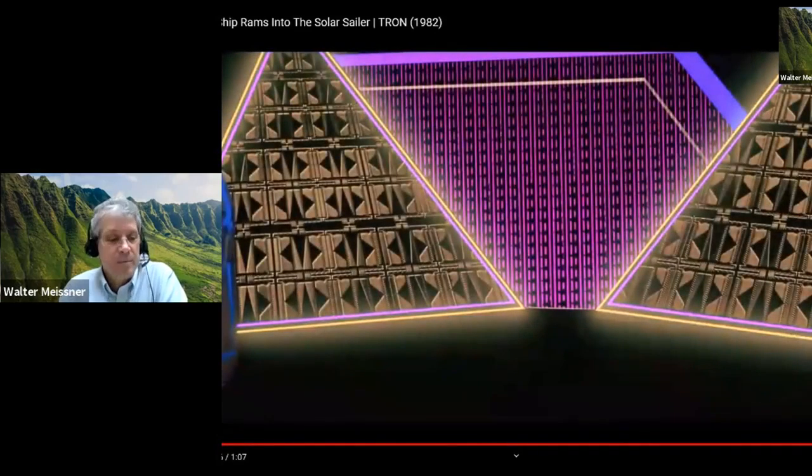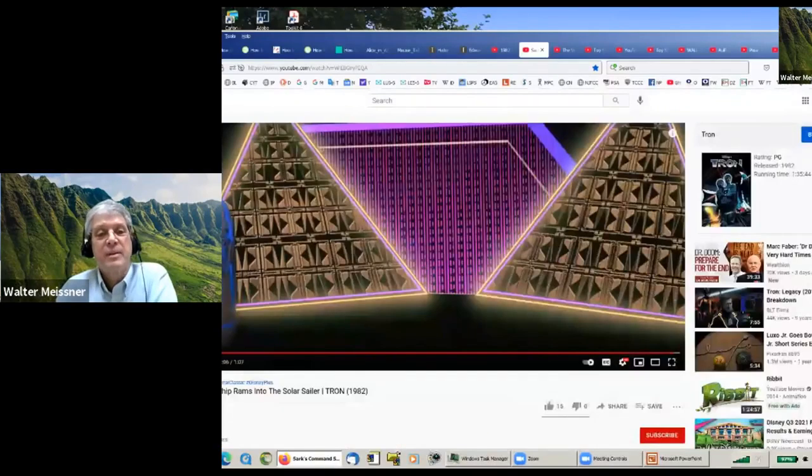So anyway, the whole plot behind that is there was MCP, Master Control Program, which had turned evil or something like that, and they went into the computer to battle it.